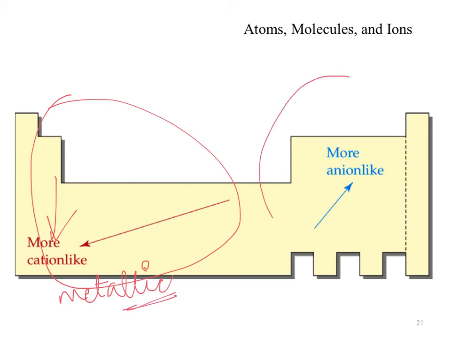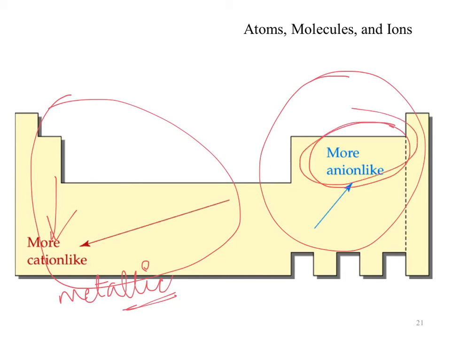Likewise, more anion-like character or a tendency to gain electrons is going to be seen when the size is small, and it's more on the right-hand side of the periodic table, more right around where fluorine and oxygen are. So those are the best nonmetals. Nonmetals always want to gain electrons, metals want to lose electrons, and once you have identified that, essentially you would be ready to name the compound.